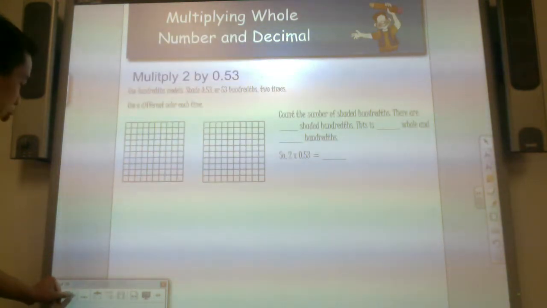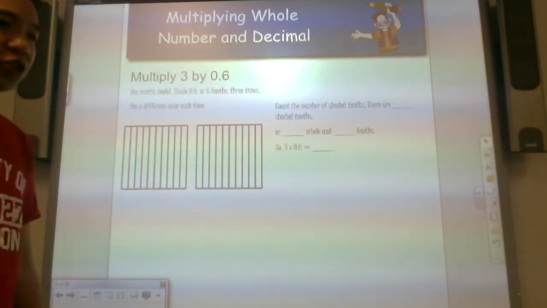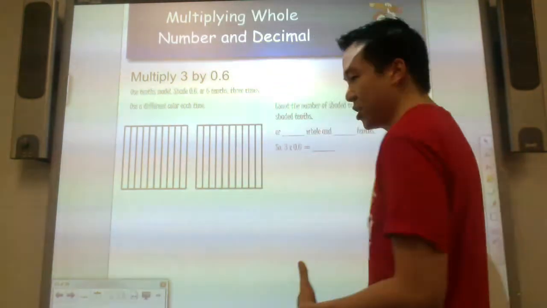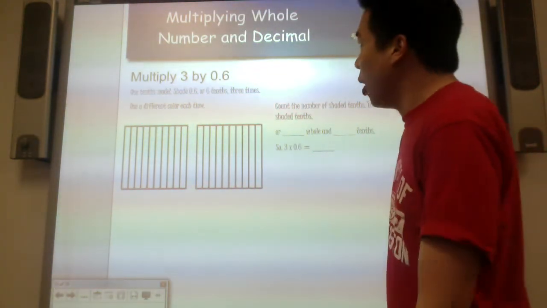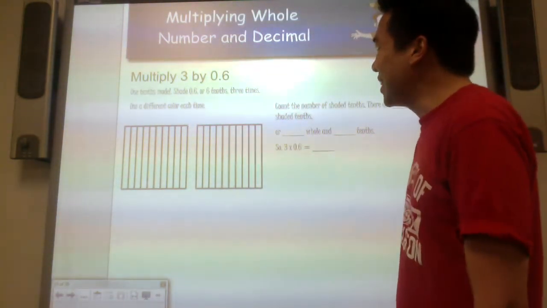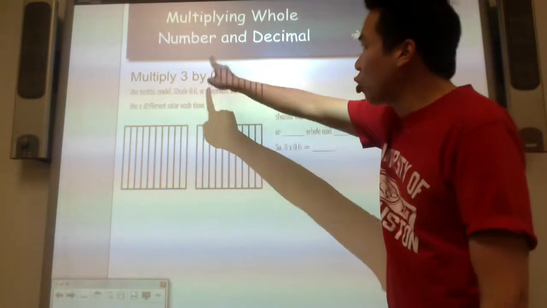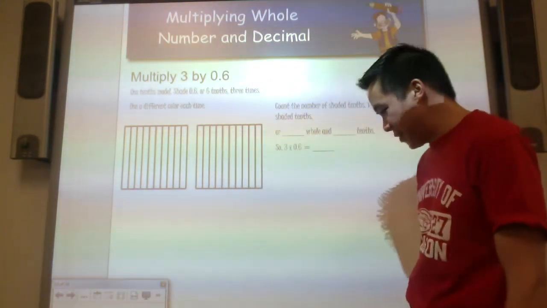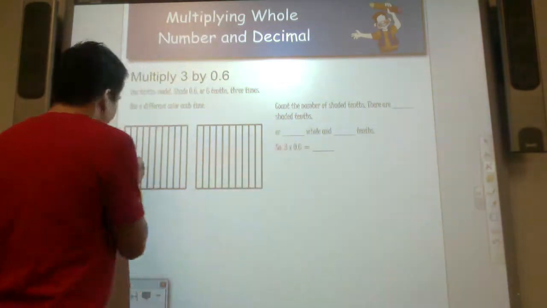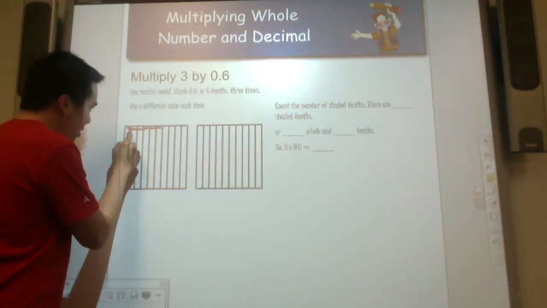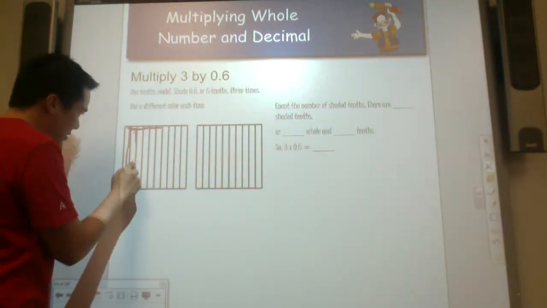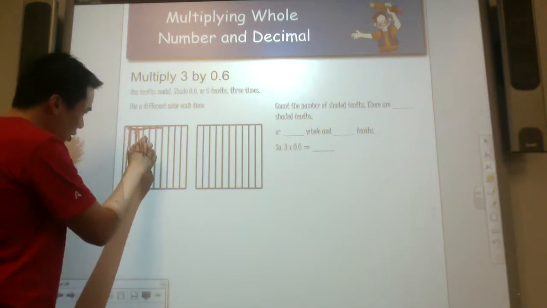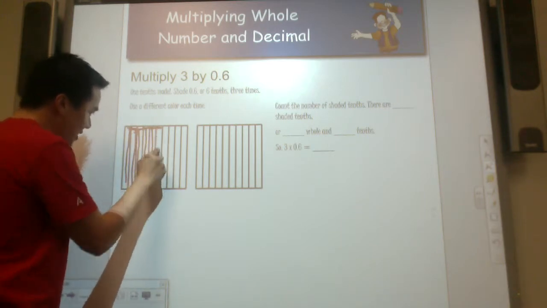Let's do a very quick thing about how you do it with whole numbers and decimals. This is a review from 5th grade. Multiply 3 by 6/10. You have 3 groups of 6/10. So let's shade it in. This is a tenth. This is 2/10, 3/10, 4/10, 5/10, 6/10.